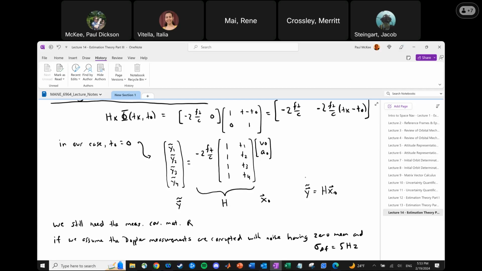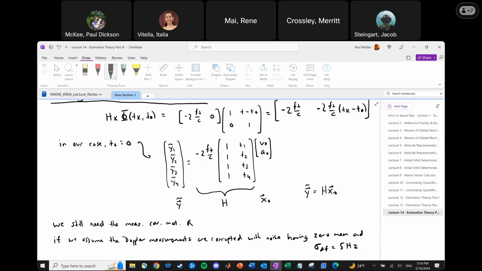So our 1 sigma error for each measurement is 5 hertz. So we're treating it as our original measurement, our measurement is the truth plus a random number, which is distributed as a Gaussian, having 0 mean and a standard deviation of 5 hertz. And I'm going to try a little bit harder at drawing a decent delta because I kind of phoned it in there. That's a bit better.